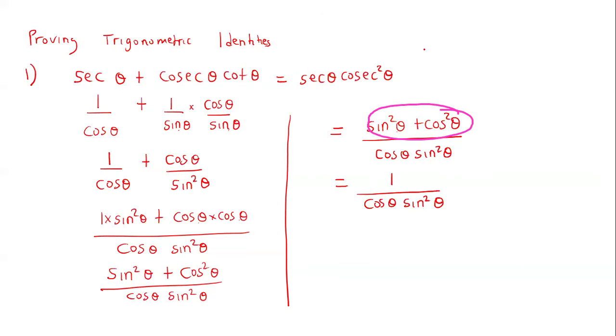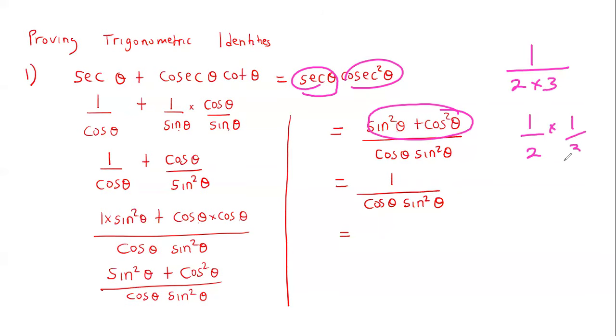But look at where you are heading. Where you are heading, you have a cosec. So now I'm going to come here and I say that you know very well that when you are dealing with fractions, when I have 1 over 2 times 3, it means I can have 1 out of 2 times 1 out of 3. You know it very well. So here I'm going to separate and I say this is the same thing as having 1 out of cos theta times 1 out of sine squared theta.